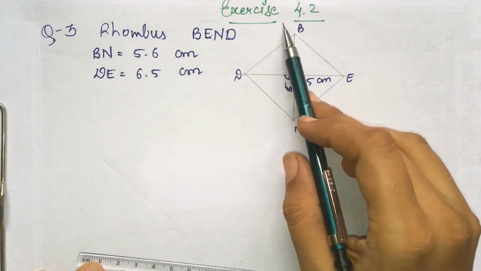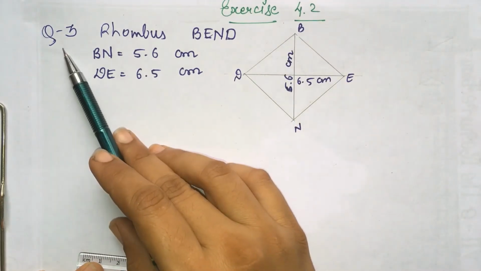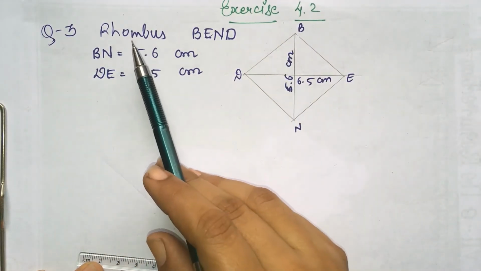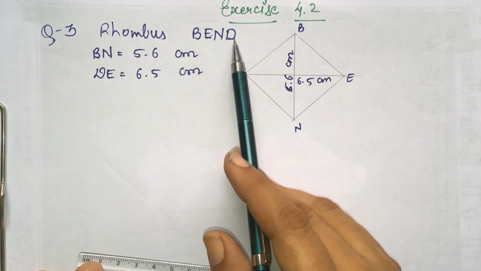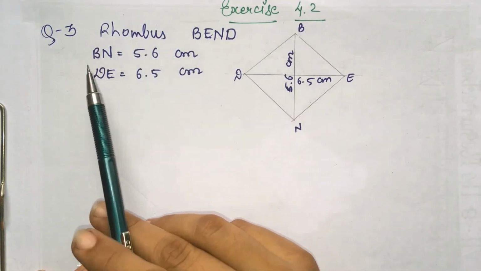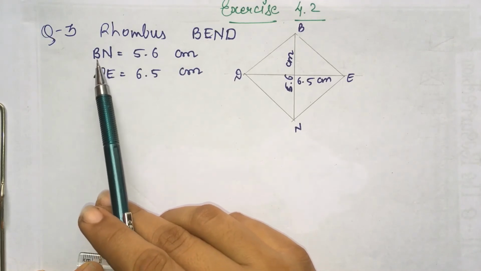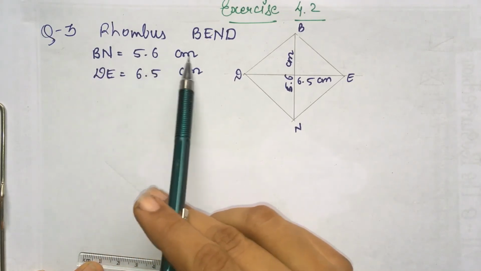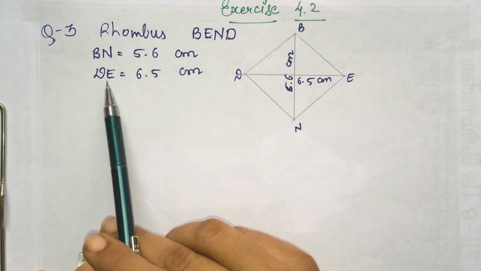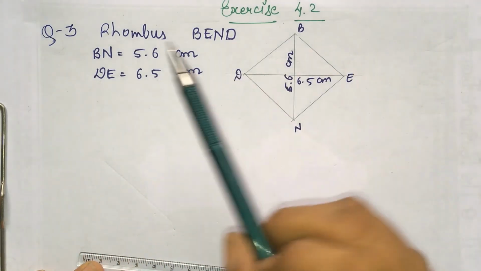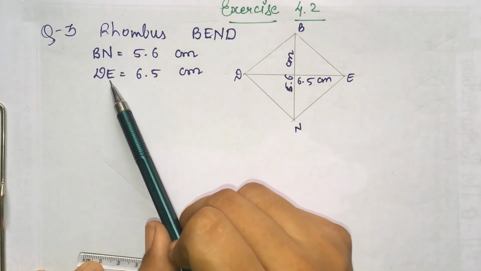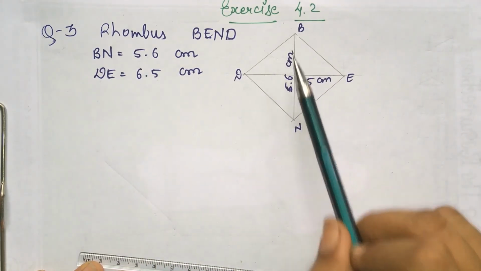Exercise 4.2, question 3. Here we have to construct a rhombus BEND. The measurements we are given are BN is equal to 5.6 centimeter and DE is equal to 6.5 centimeter. Here we are given measurements only of two diagonals.